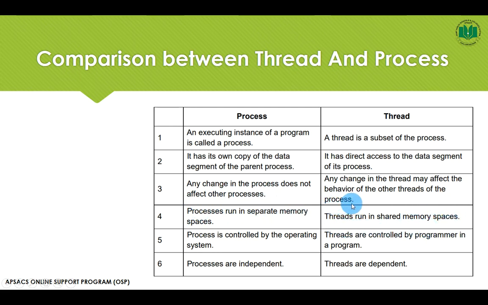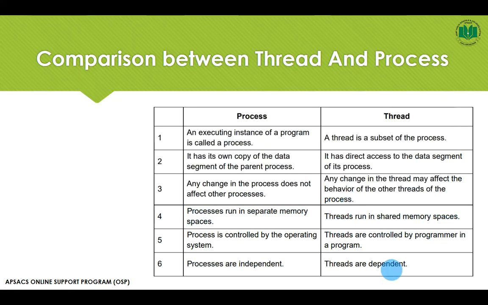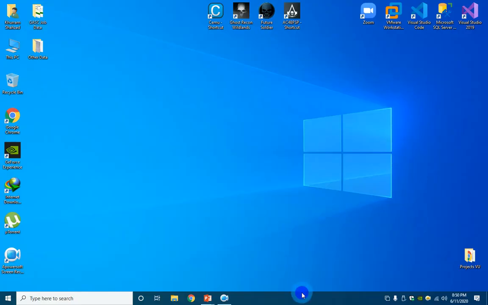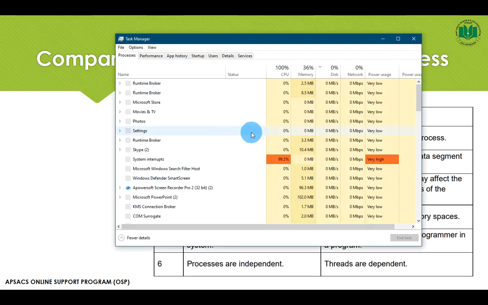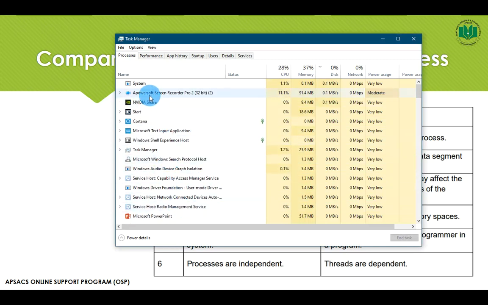All the space required by a process is occupied by it, and it is shared by all the threads. I will show you again how it shares the space. For example, I've opened the task manager. The task manager shows that PowerSoft is using 91 MB of space.